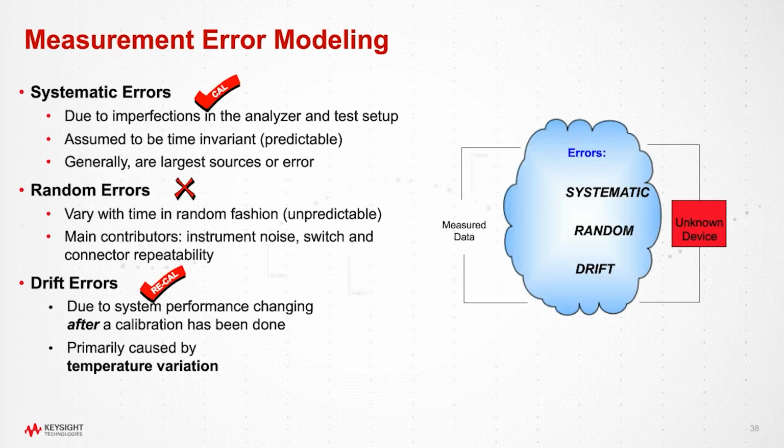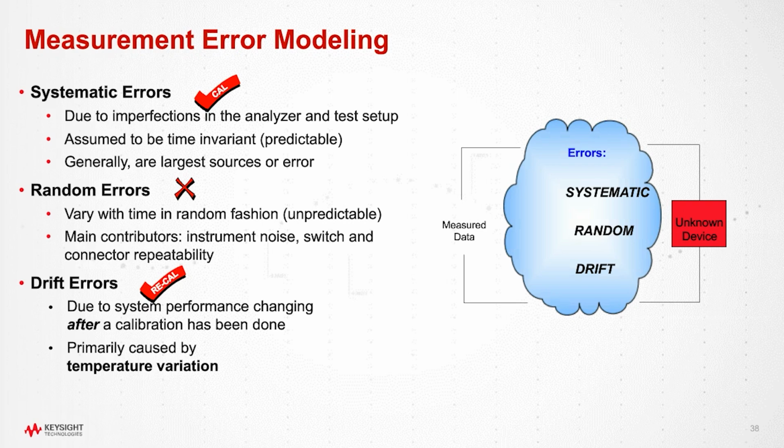When we talk about measurement errors, there are really three main categories: systematic errors, random errors, and drift errors. Systematic errors are due to imperfections of the network analyzer and the test setup itself. These are things like cable loss and cable mismatch, and this is usually the biggest source of error in any measurement. Then there are random errors. These are things like noise and connector repeatability. There's not really much you can do about random errors, but you can reduce the effect of them through averaging.